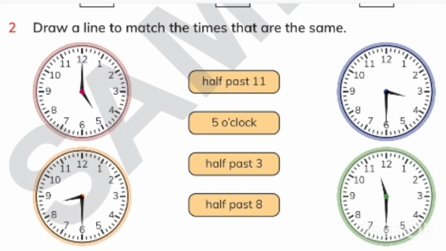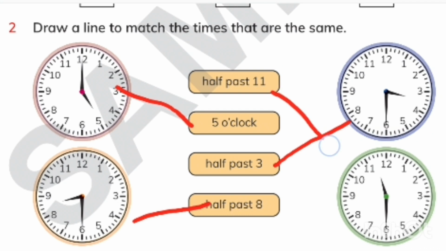Okay, now the answer of this one is 5 o'clock, half past 8, and the answer of this one is half past 3, and the third one is half past 11.